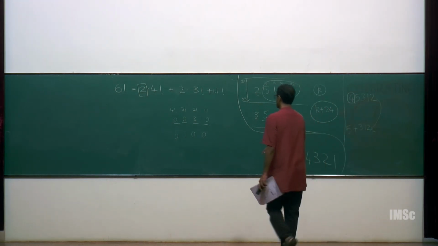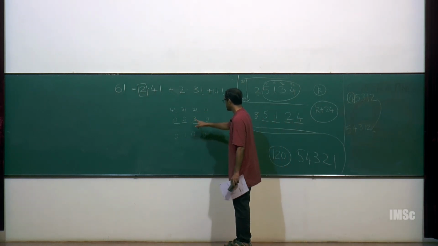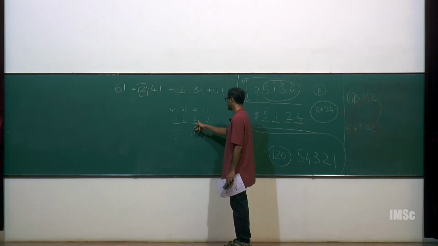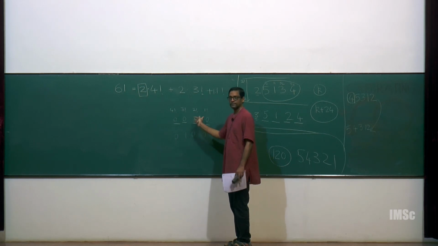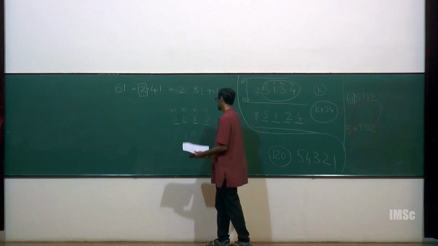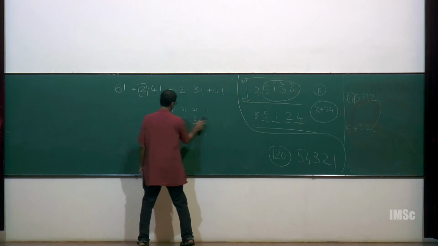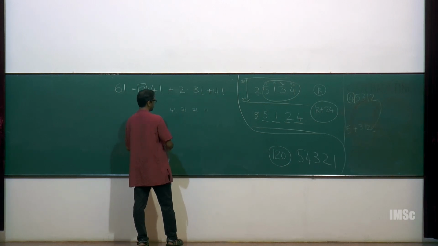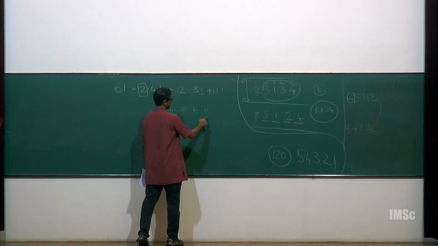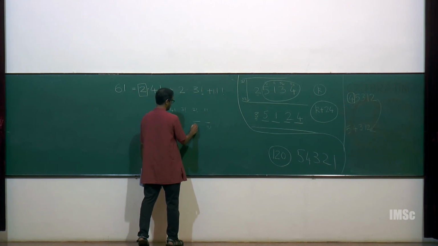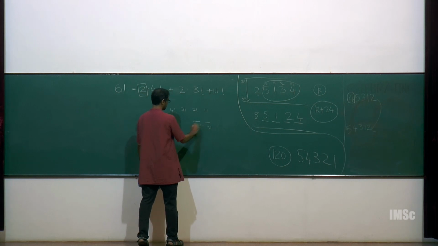So for example, here if I allow 3, then I'm in trouble, because this will have 2 different expressions. So the factorial base essentially says I'm only allowed to use numbers from 0 to 1 in the units place. So this can be either 0 or 1. This fellow can either be 0, 1, or 2.